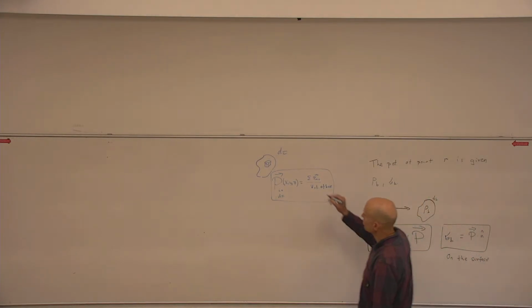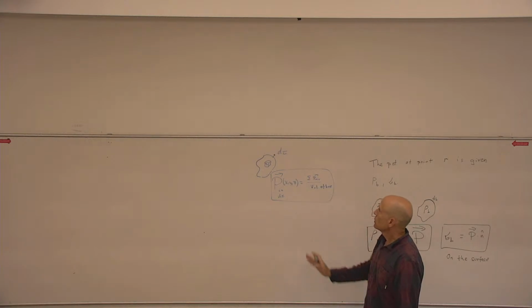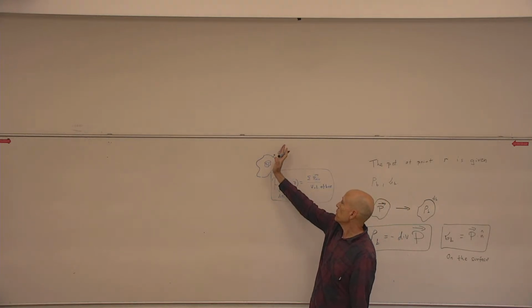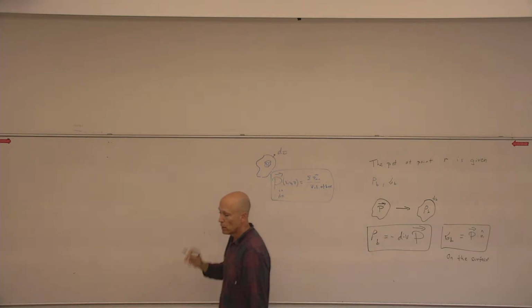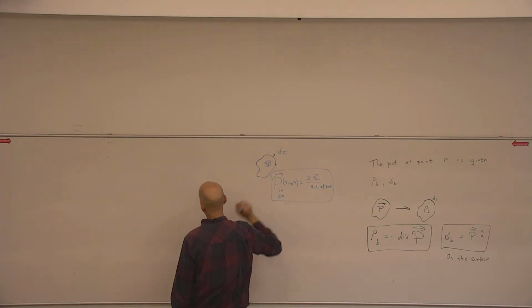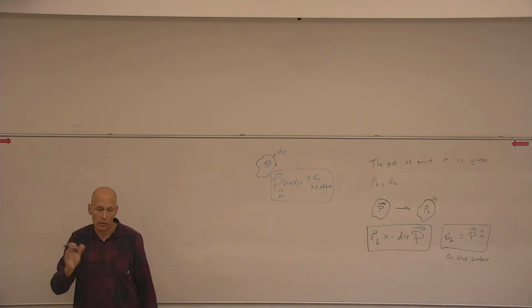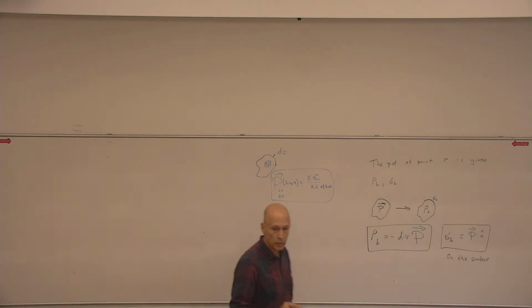So this object, you have some polarization here. Let's say it's in this direction. N is the normal to the surface. P dot n is just the P. But of course, if the polarization here is like that, then the n is going in 90 degrees, and that will not give you a surface density.